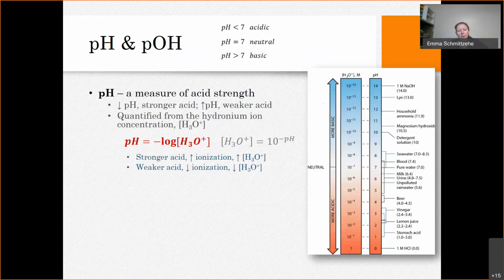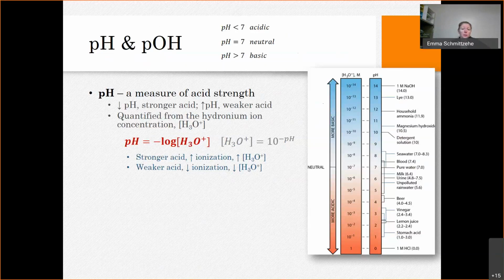So how you calculate a pH is you need to know the hydronium ion concentration. So how much of your acid is ionizing, because that's going to determine how much hydronium ion you have. And once you know that concentration, it's got to be in molarity. That's why we have that in square brackets in that equation. And you would take the log of it, and then you change the sign. So the negative log of the hydronium ion concentration is what the pH is, okay?